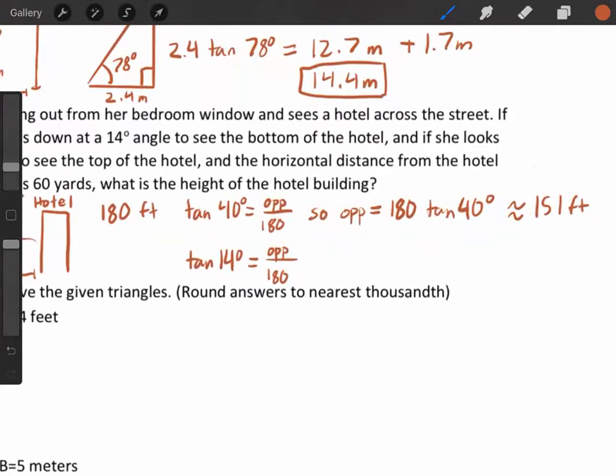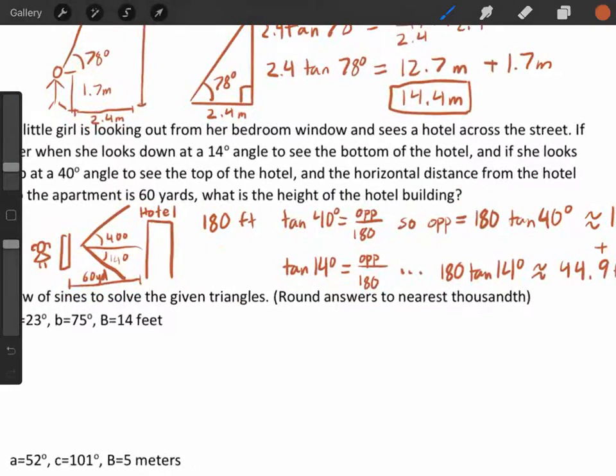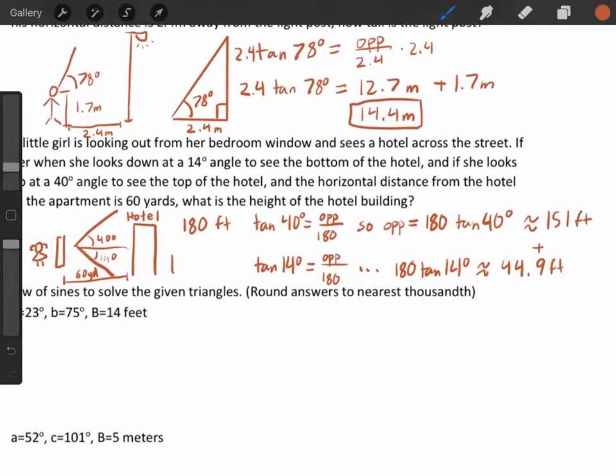And then you do the same process, 180 tangent 14 degrees, and that's approximately 44.9 feet. Add these together and you get your final hotel height, which is 195.9 feet.